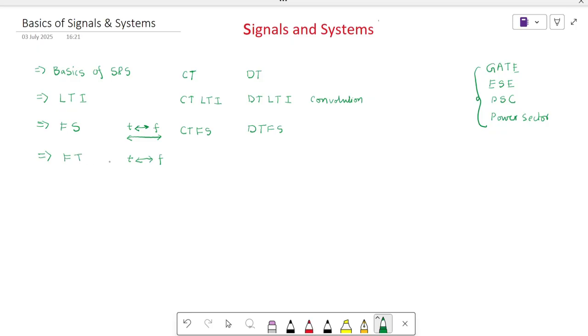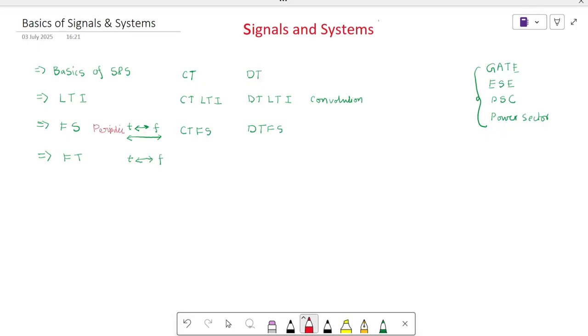Already we have learned a conversion method in Fourier series. Then why are we going for another technique? See, you should remember this fundamental, a very important concept. This Fourier series is applicable only for periodic signals only.